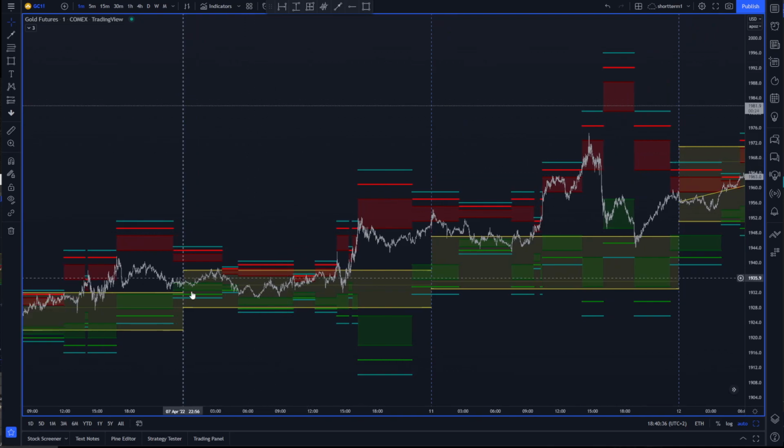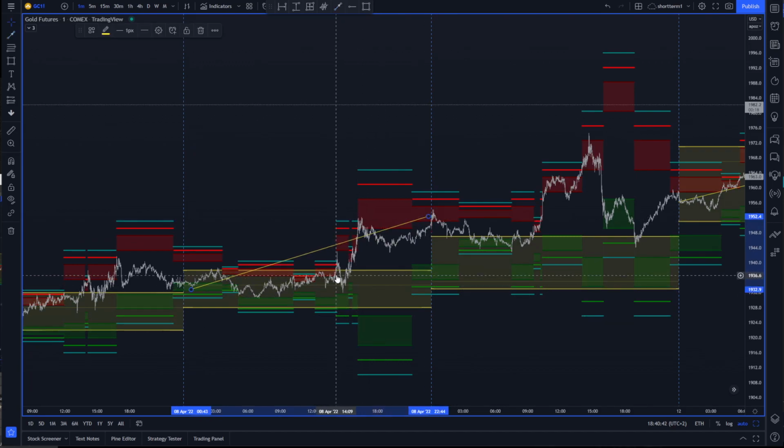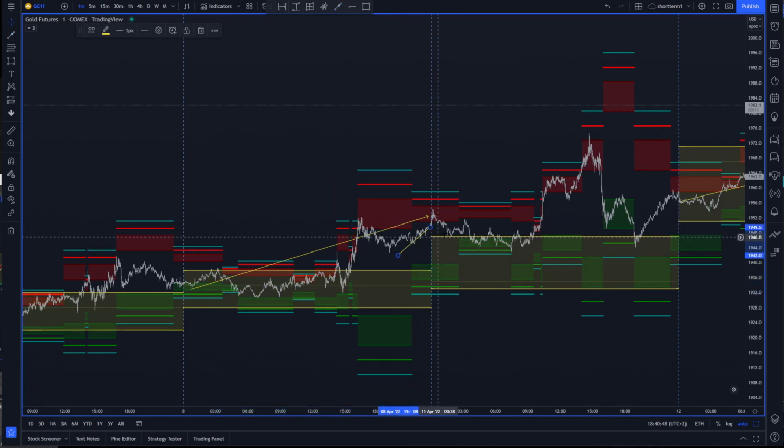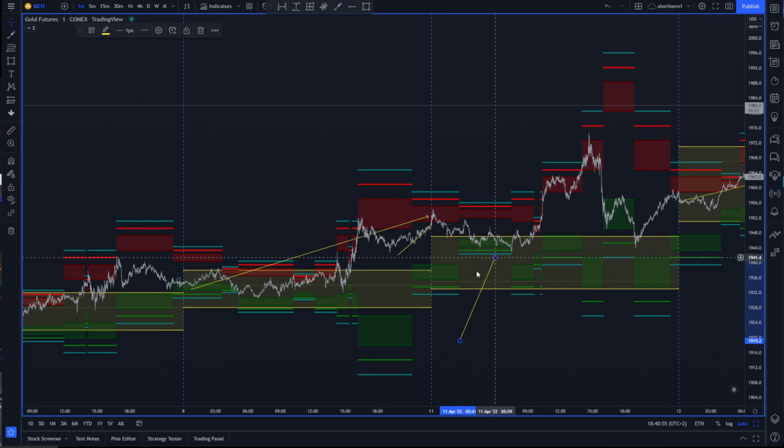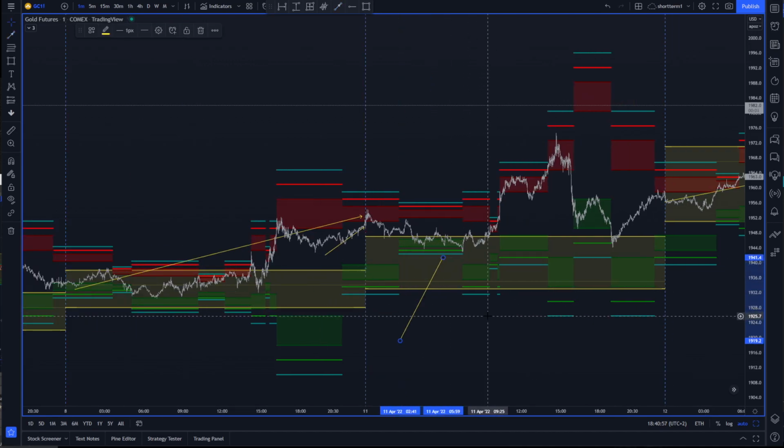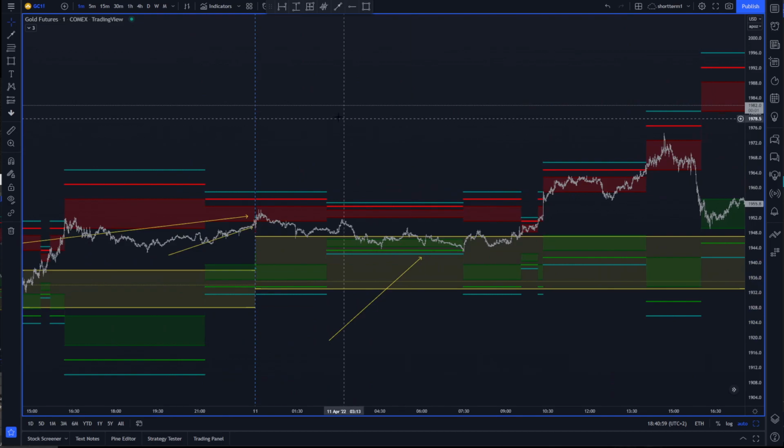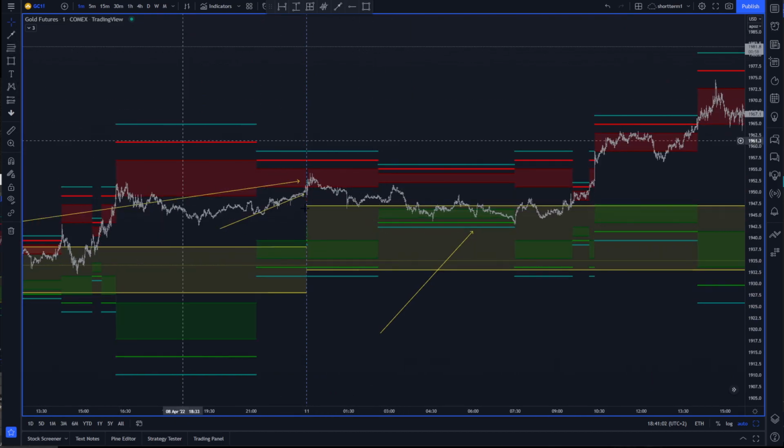Right? Again, let's look at this on gold. You have the up move on the session before, and the price closed outside of the value area. So you want to look for longs, right? You want to look for longs, and you have your first fractal inside of the value, right?